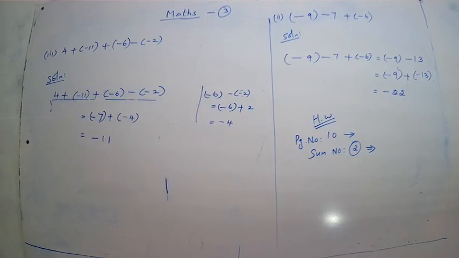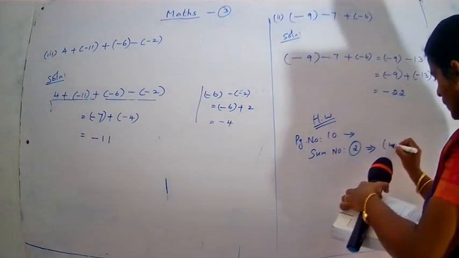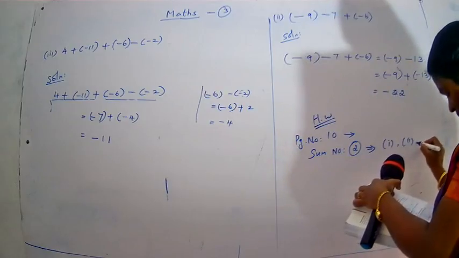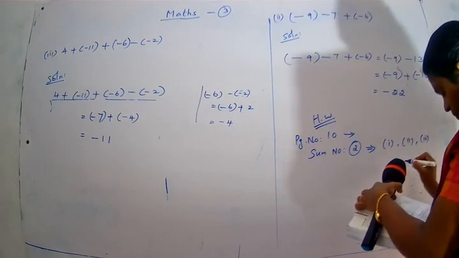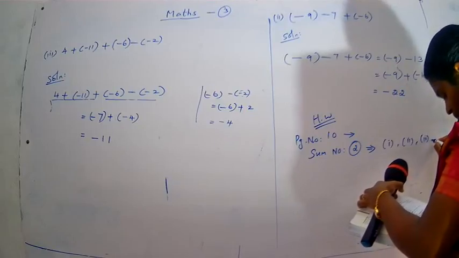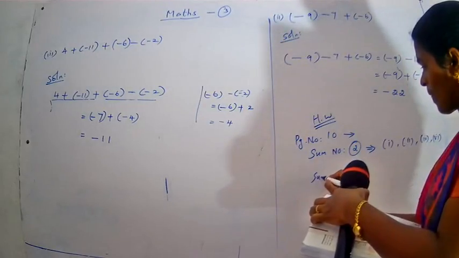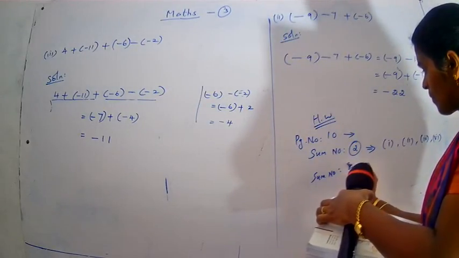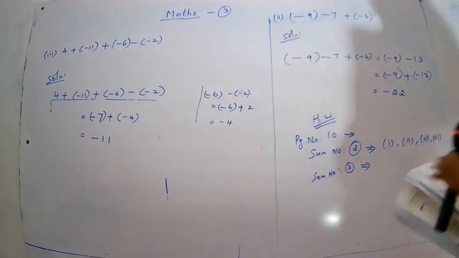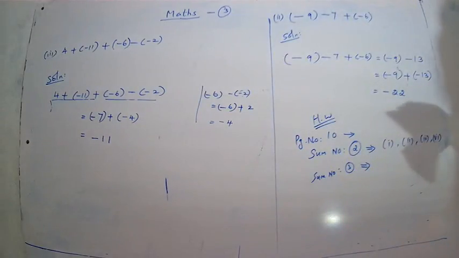Now the second question: subtract the following integers. In second question, first one, second one, fourth one and sixth one.